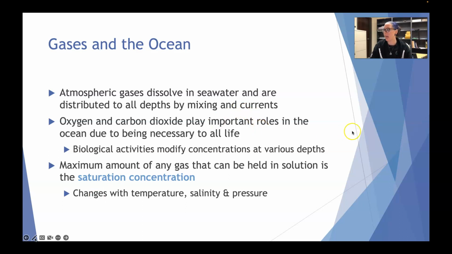So if we were to compare the gases of the atmosphere, what their concentrations are in the atmosphere versus what they are in the oceans, it's actually a pretty interesting contrast. So first, before we move on, think about what the gases are that make up our atmosphere. We talked about it at the beginning of the semester, and we're bringing it up again.